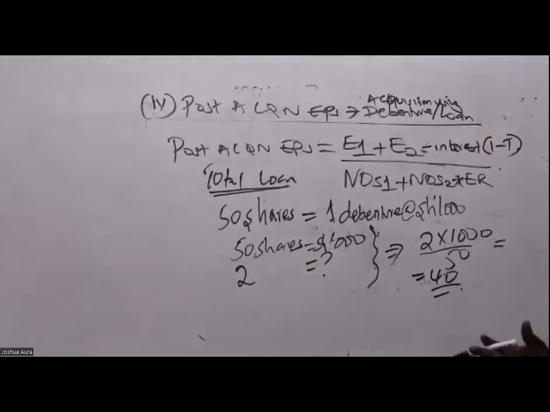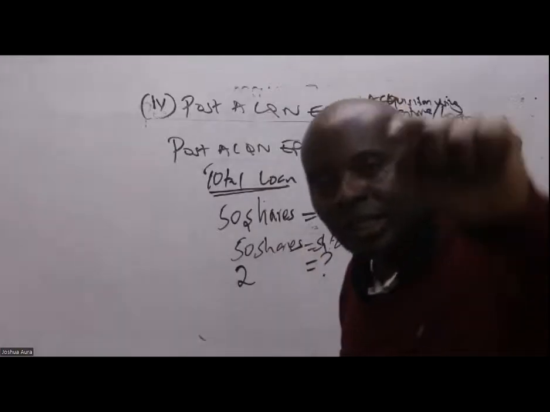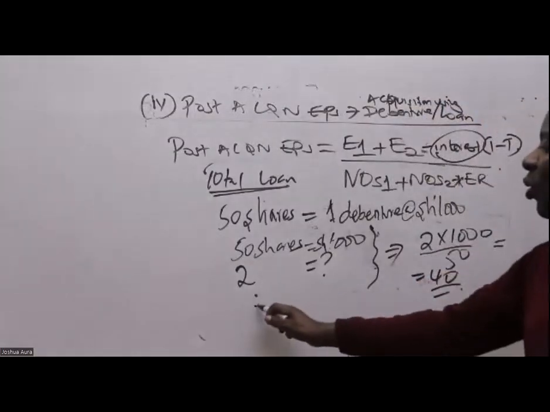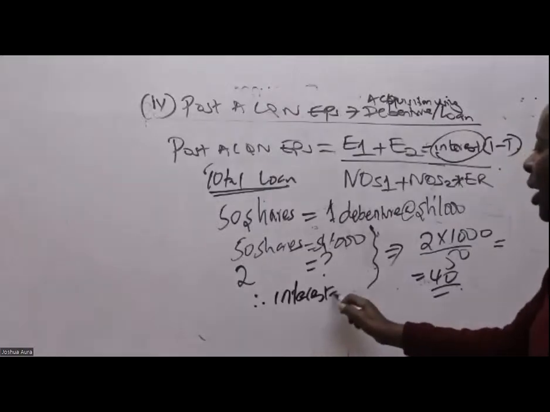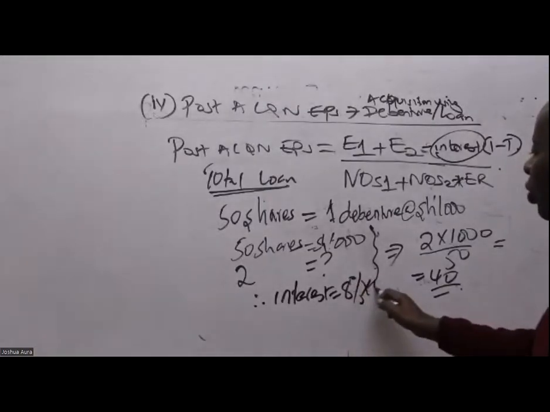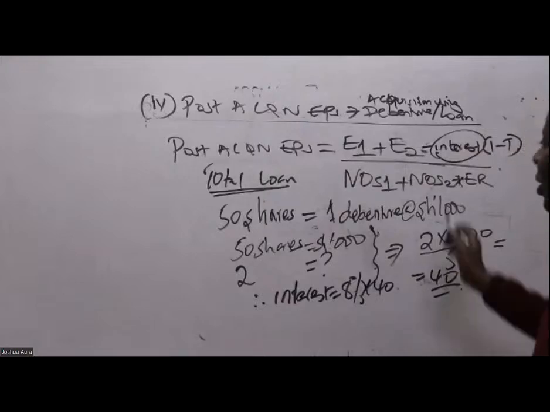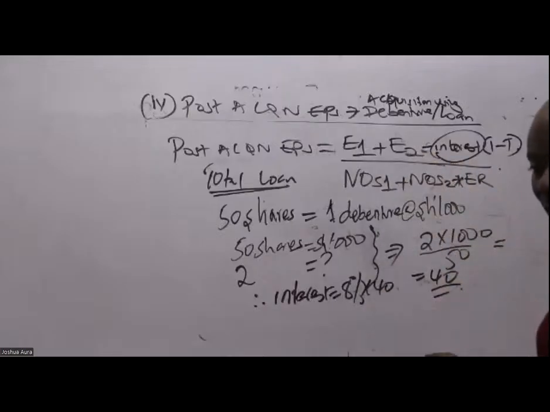What I am after is the interest. Have they told me the coupon rate of interest? In the question, what is the interest rate? Therefore, interest payable will be 8% of the total loan. I know the loan is 40 million, but all these figures don't have millions, they're without those zeros.